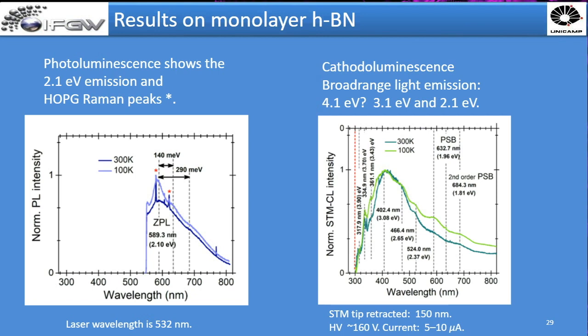One way to check this number is to get a standard sample and see what count rate we get, because a standard sample has a known light emission efficiency. For that, we used the gold 111 surface. I have no slides to show you regarding this, but in this sample we had a known tunneling current and a given count rate.